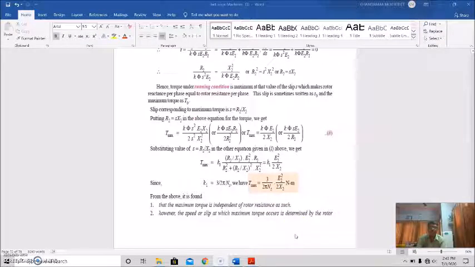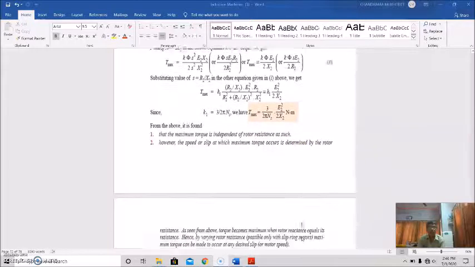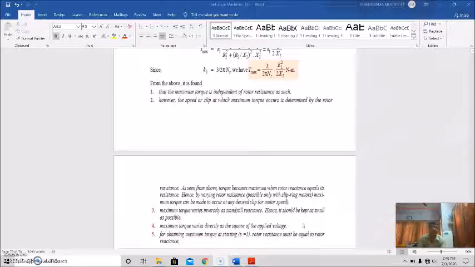From this expression, it is found that maximum torque is independent of rotor resistance as such. However, the speed or slip at which the maximum torque occurs is determined by the rotor resistance. As seen above, the torque becomes maximum when rotor resistance equals rotor reactance.